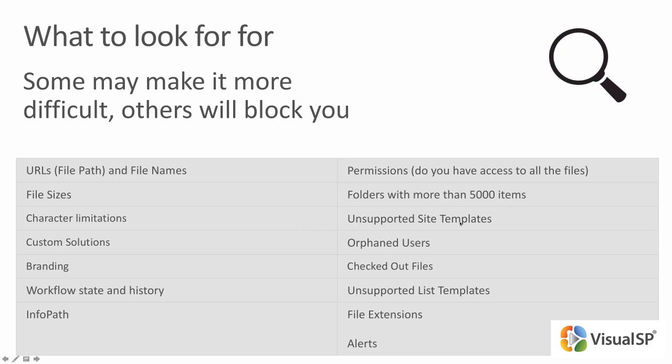Unsupported site templates. There's no more blank site template. If you're going to Office 365, the team site template has changed now. It's connected to Office 365 groups. Also, if you're going to migrate to Office 365, what about Office 365 groups? Do you want your existing SharePoint site collections to migrate as independent site collections?